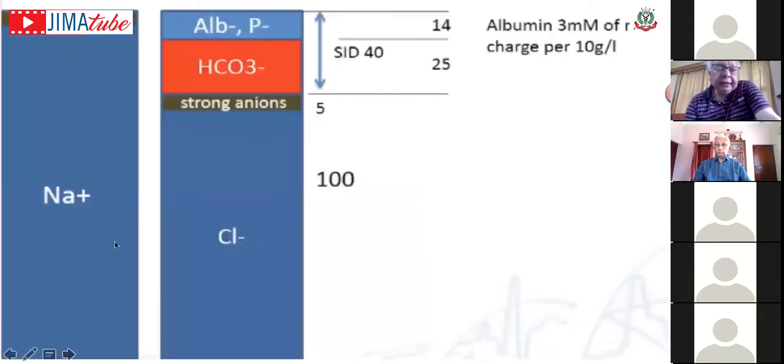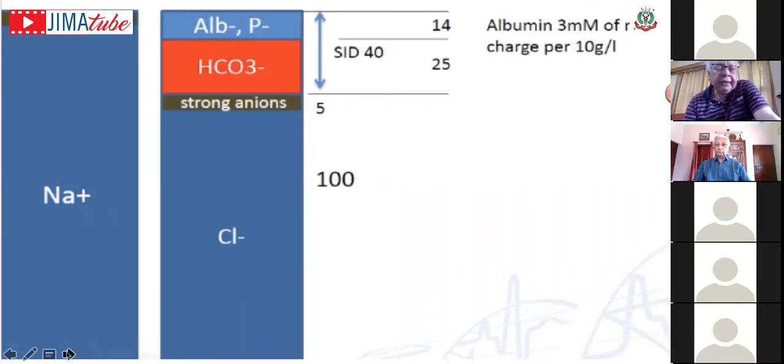And I think this is one of the most important diagrams that you should remember. This difference between sodium and chloride has to be explained by albumin and bicarb and strong anions, even if we don't consider phosphate. So albumin, for each gram of albumin, you have to take 3 milliequivalents, and bicarb.